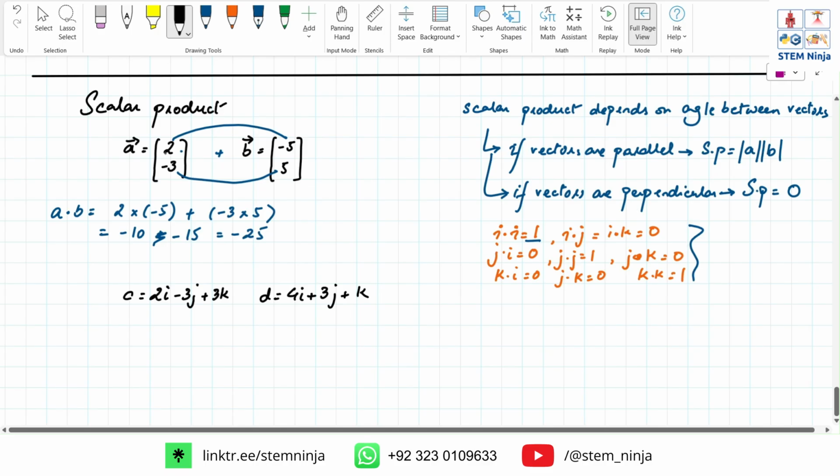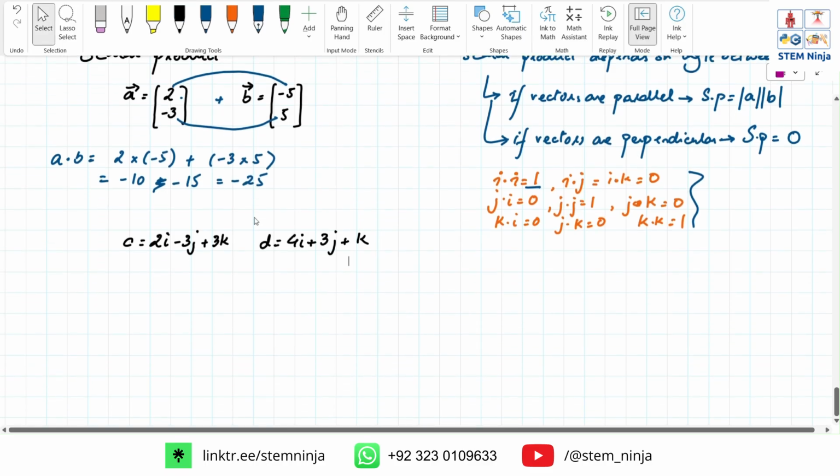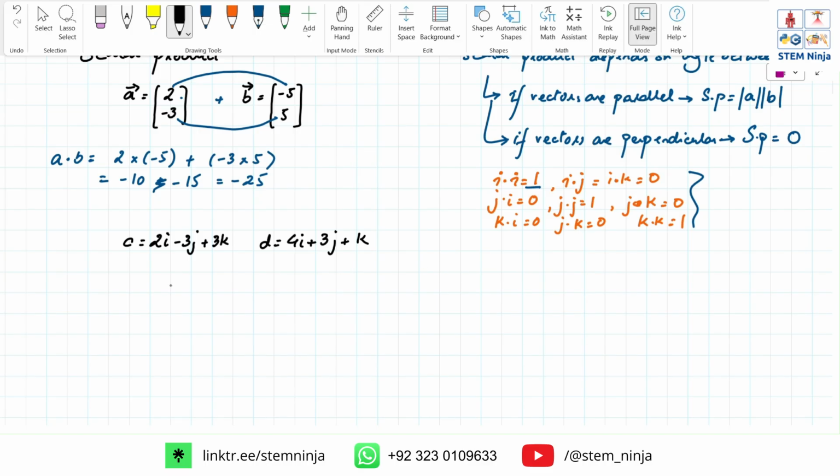So let's see this. So we can use the distributive principle of multiplication.